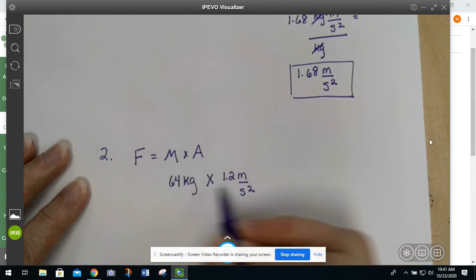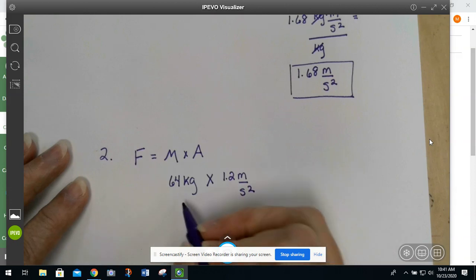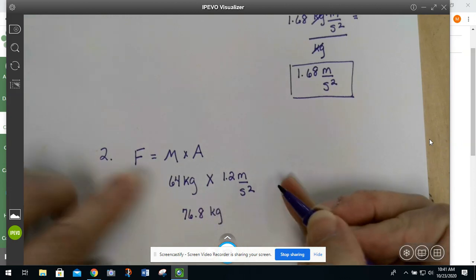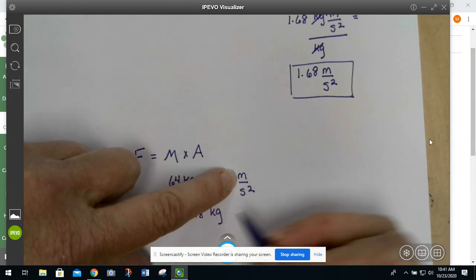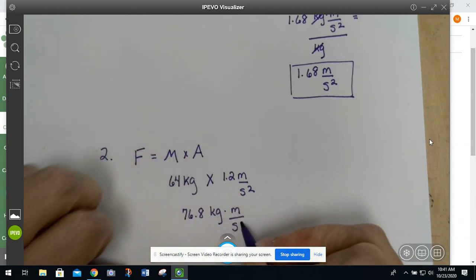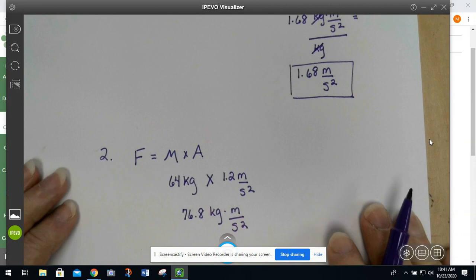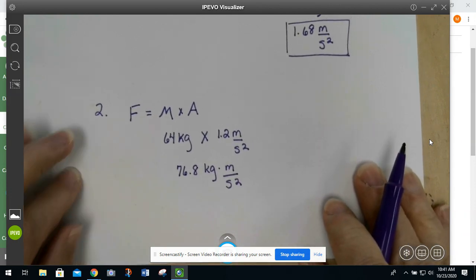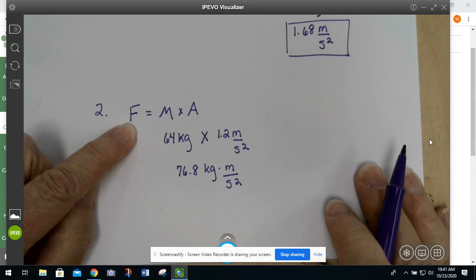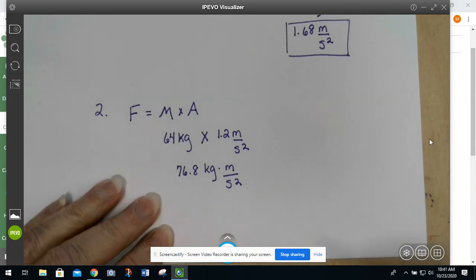So I'm going to multiply my two numbers together, and I get 76.8. Look what I get. Kilogram meter per second squared. Now, if you're not a real mathy kid, honestly, I think the thing for you to do is just remember that we're always going to measure force in newtons. And you can just write that down.